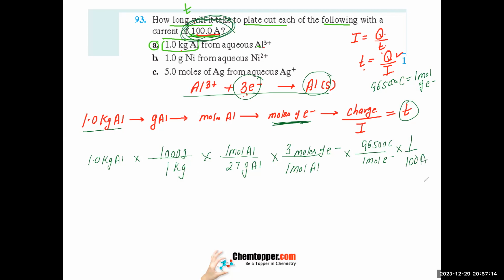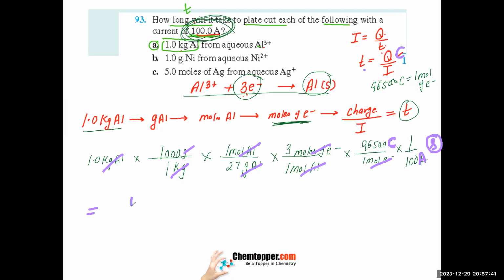When I do all the cancellation of the units, kg, grams, mole, I'm left with coulombs over ampere. But coulombs over ampere is time in seconds. Everything is in SI unit.